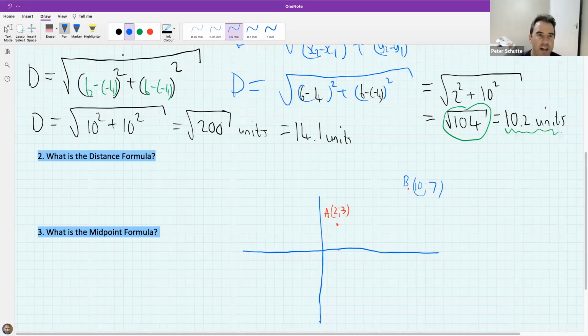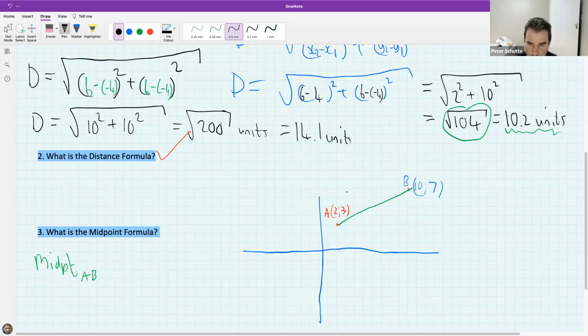Now it's very easy to find the distance between A and B using the formula we just did. But what I want to know is how to find the midpoint between A and B. And you guys are going to love this.